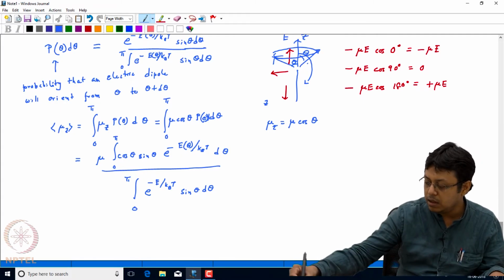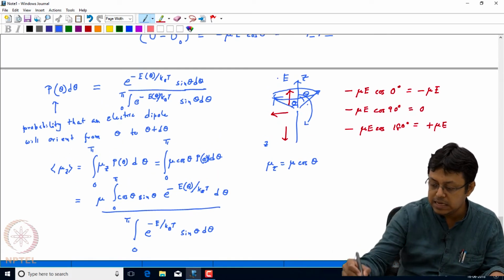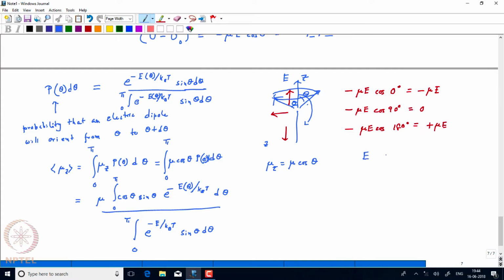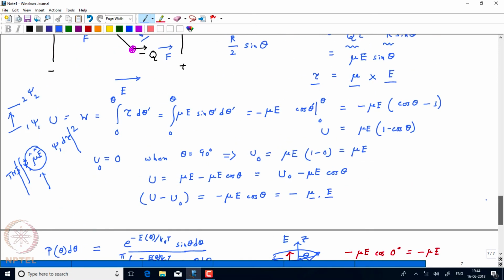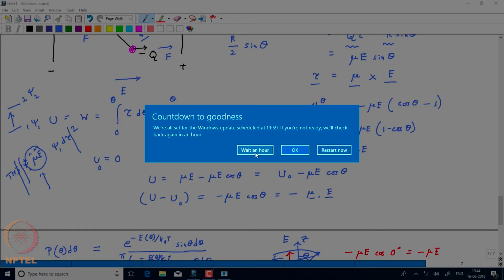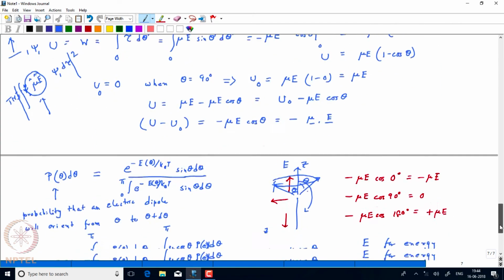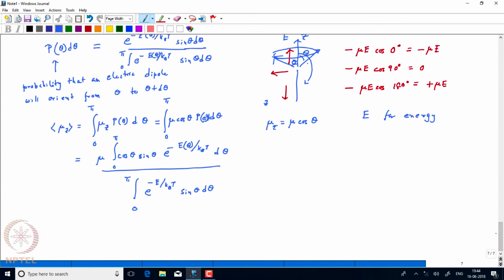Now, here we are using E for energy, and in the earlier case we were using E as the electric field. So, there might be a confusion, so just keep that in mind.